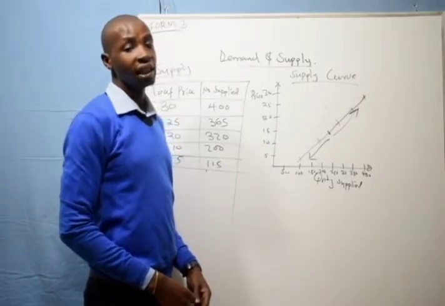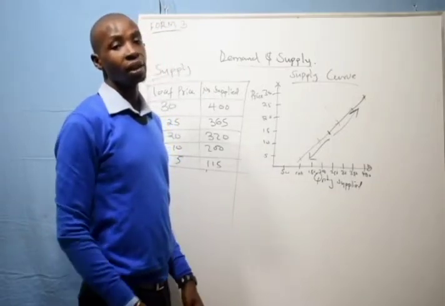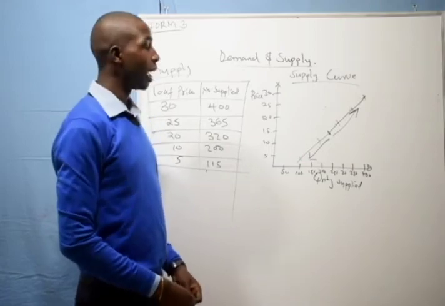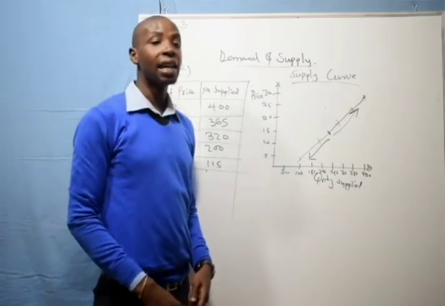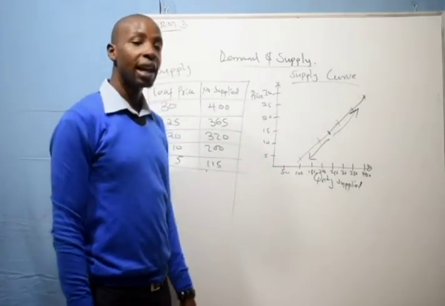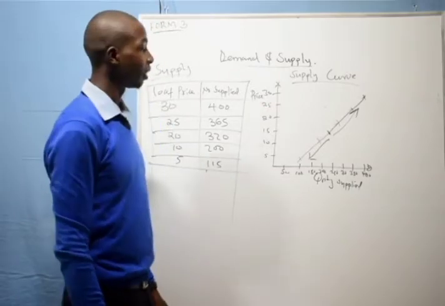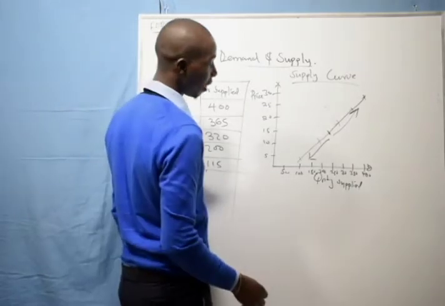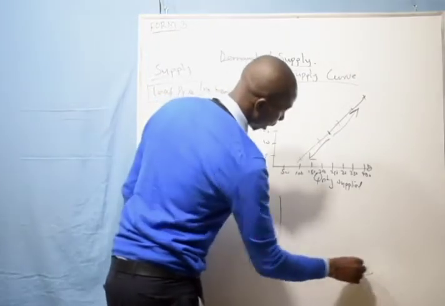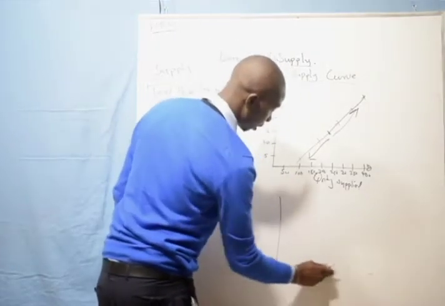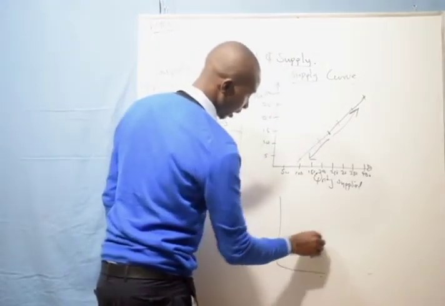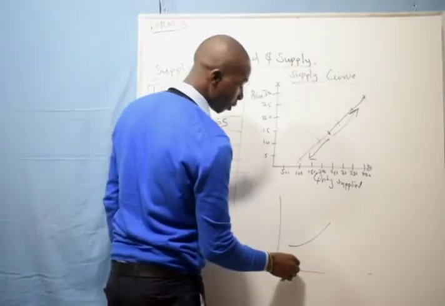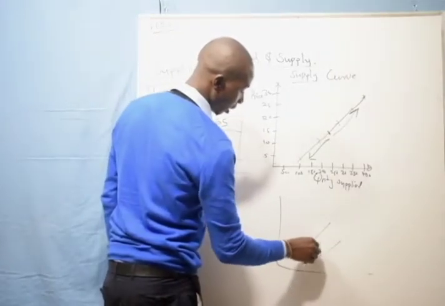So let's see a shift in the supply curve. A shift in the supply curve can be either to the left or to the right. First, let's see what it means for the supply curve, which is S1, to move to the right.